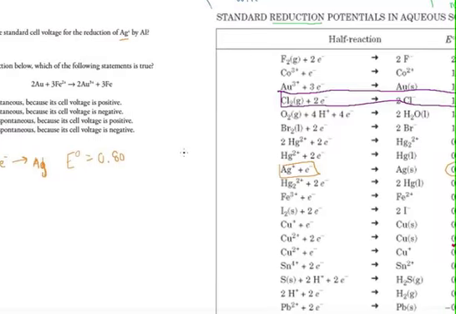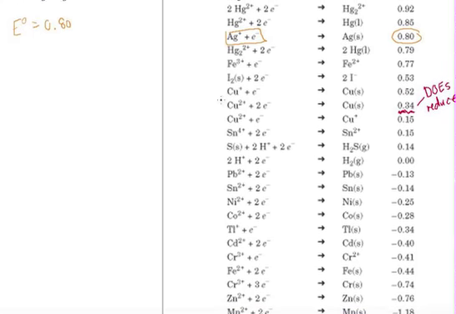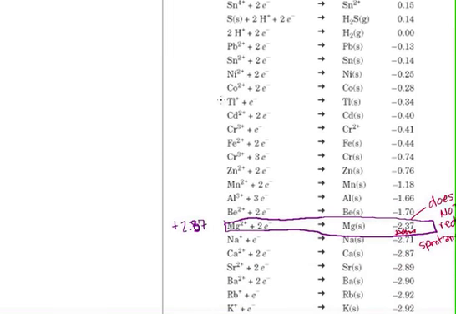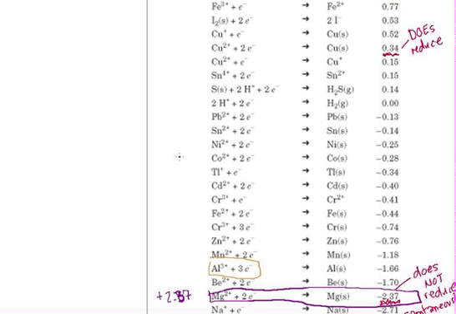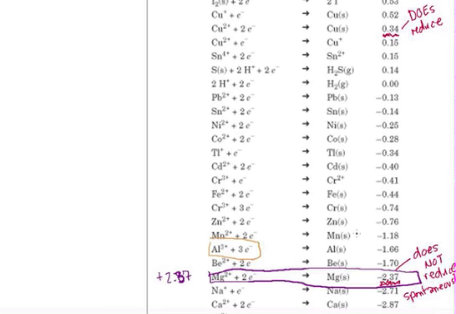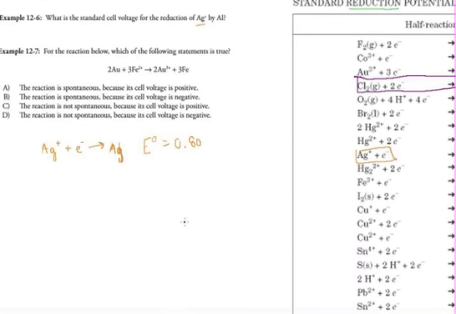Okay, so looking at aluminum, where are you at, aluminum? Aha! Now notice, here's aluminum. And remember, aluminum in this case is going to be oxidizing as opposed to reducing. So instead of doing negative 1.66, here we would be doing positive. I won't bother to write out the whole reaction because it's not necessary for this problem.